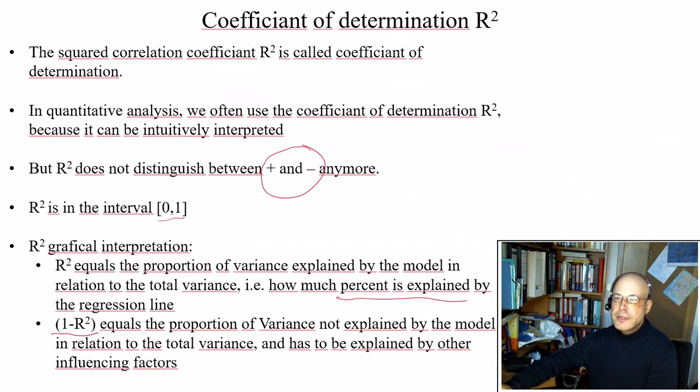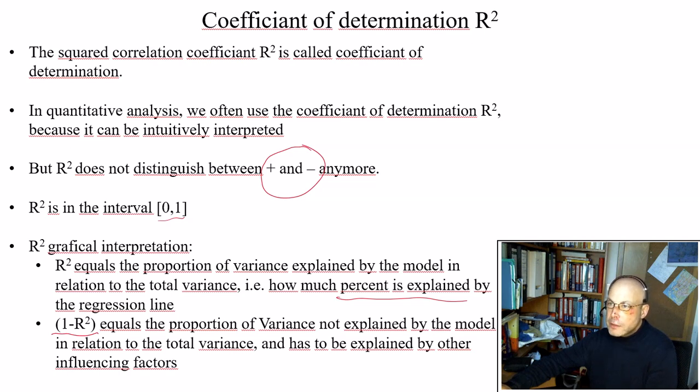Because the coefficient of determination, the squared correlation coefficient, has this nice graphical interpretation that we can say if this is 0.75, then we can say from a descriptive standpoint that we are explaining with our data 75% of the dependence between y and x.